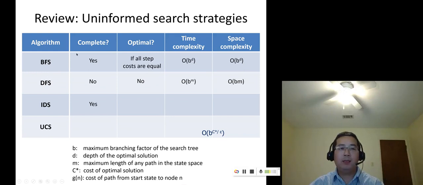IDS is complete, and optimal if all the steps are equal, meaning uniform. If it's not uniform, you cannot exhaust all the nodes in some layers, even using iterative deepening search, the iterative deepened DFS search algorithm. So it also cannot find the solution.